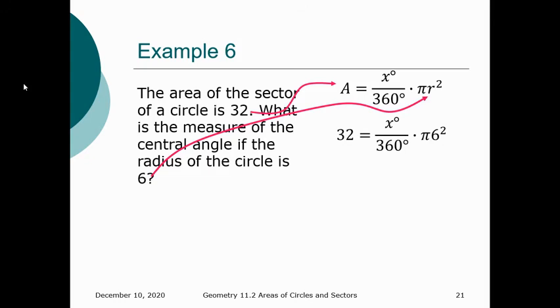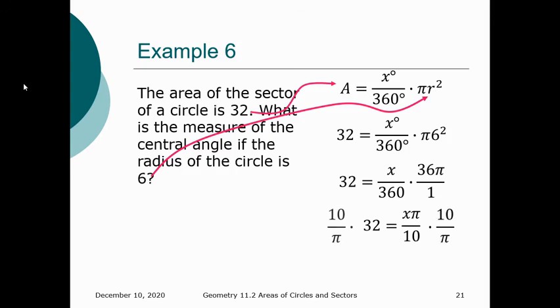This is now just a multi-step problem. Okay, so we're going to divide each side or multiply by 10 over pi. And so we get 320 over pi or 101.86 for our central angle.